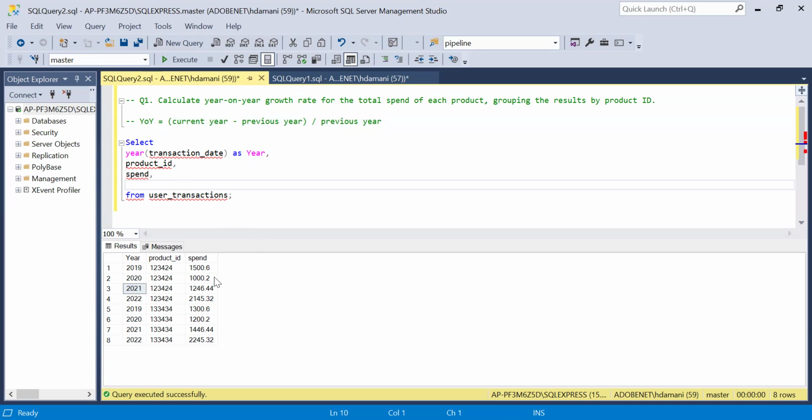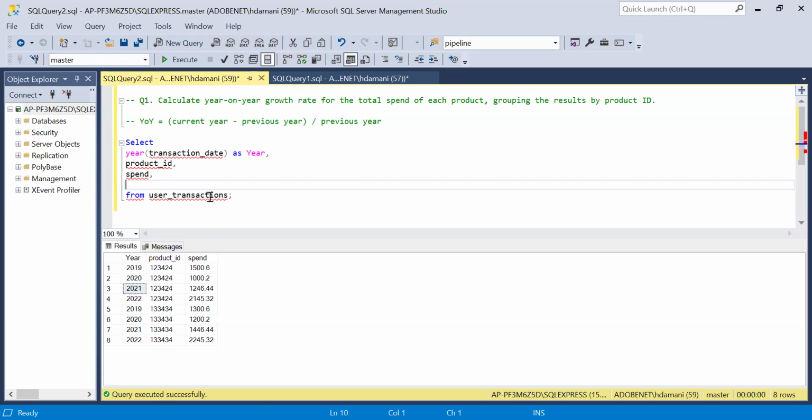Lead will give you the next row's record along with the current row. So if we use lag, it will give you this 1,500 along with 1,000. Similarly, if you use lead, it will give you this 1246 along with 1,000.